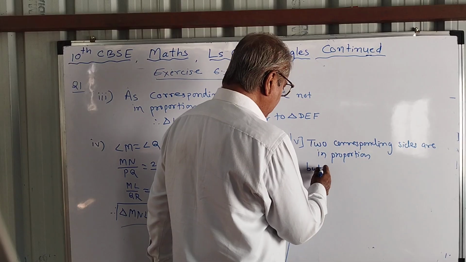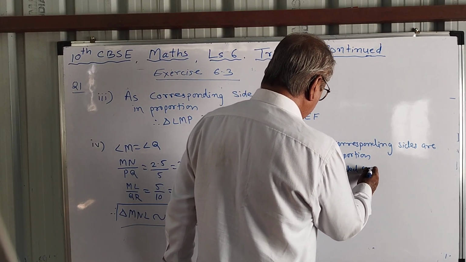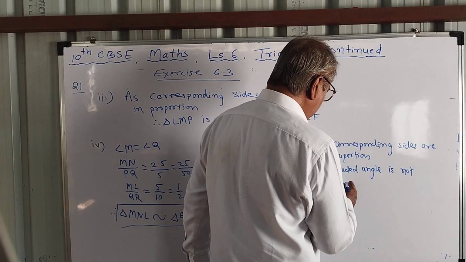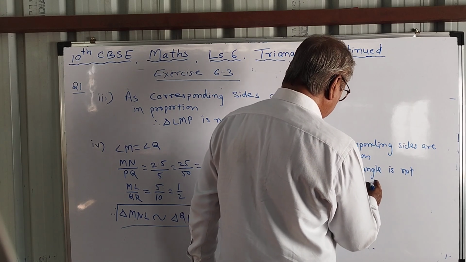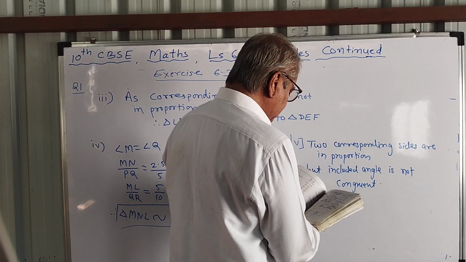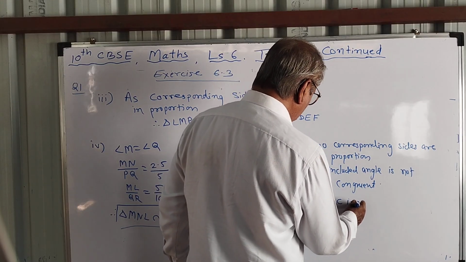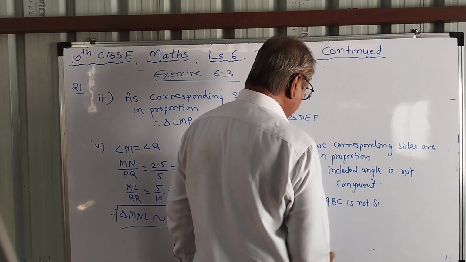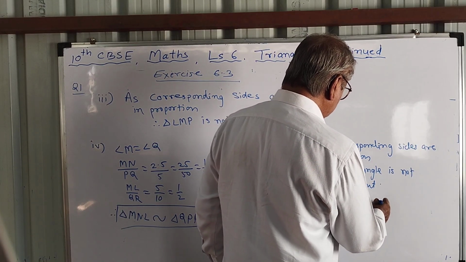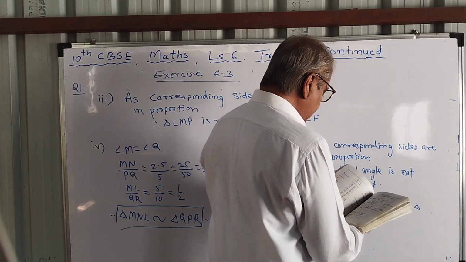But the included angle is not congruent. Therefore, triangle ABC is not similar to triangle DEF. The similar sign is not to be used; it has to be written in words only. So triangle ABC is not similar to triangle DEF.